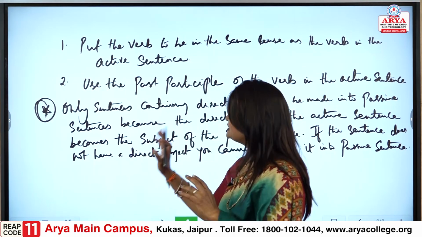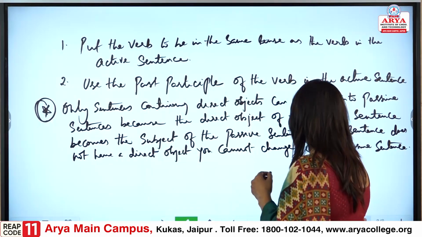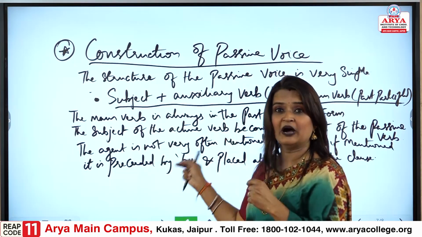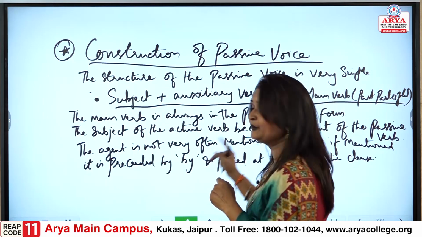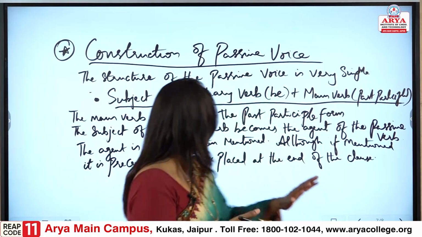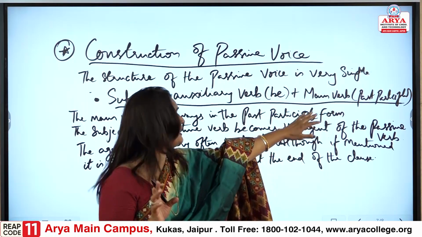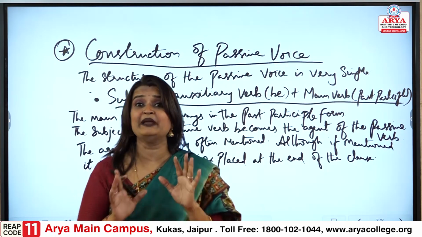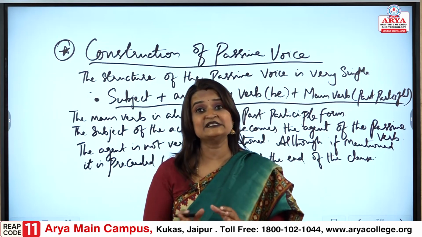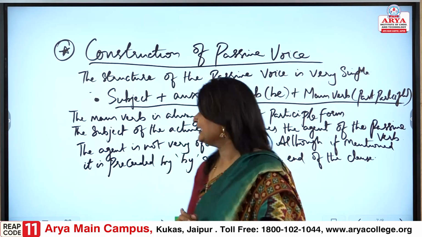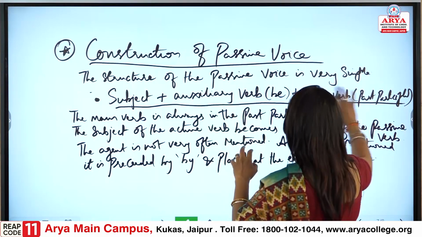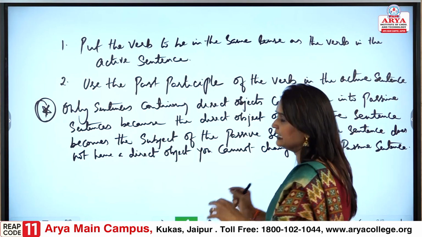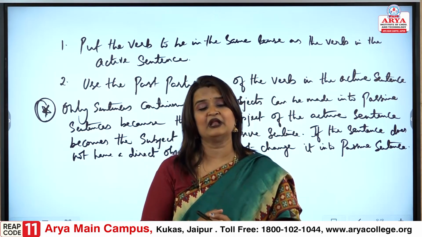Like the first point we saw: the subject plus the auxiliary verb, that is the be form, and the main verb in the past participle. This is compulsory that we take care of. This is one easy thing about how the conversion happens, and the other points we have already learned, and we would be learning further in our next session.